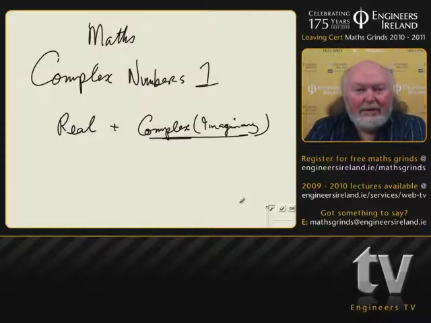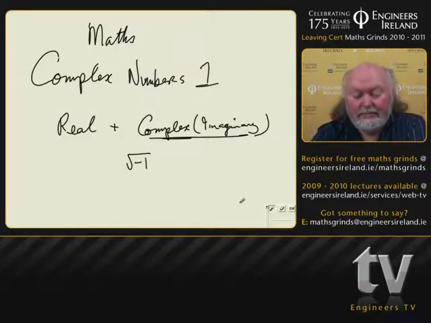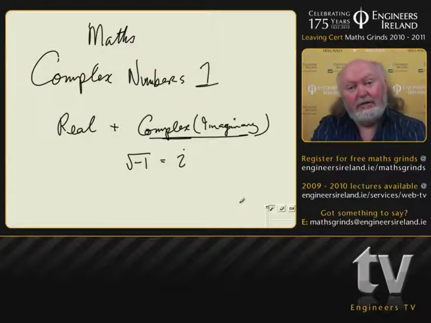It's a bit like imaginary friends, they don't really exist. So why should we have a number that we're still willing to give the name of imaginary to? It all relates to this, the square root of -1. And we refer to that as i, which is only the first letter of imaginary, so it's very easy to remember this.